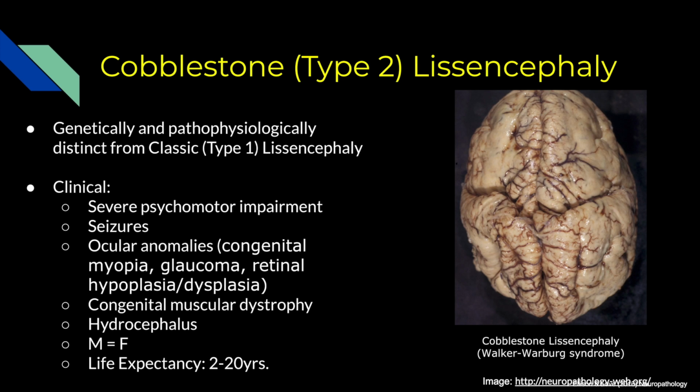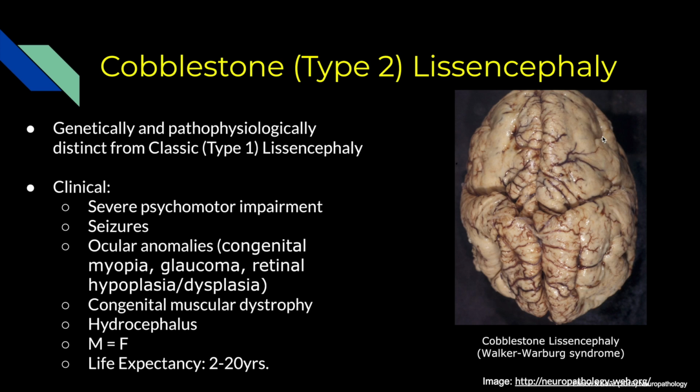Cobblestone type 2 lissencephaly is genetically and pathophysiologically distinct from classic type 1 lissencephaly. Patients have severe psychomotor impairment and seizures, but what's very distinct clinically from type 1 is that they also have ocular abnormalities and congenital muscular dystrophy, which is not a feature of type 1.